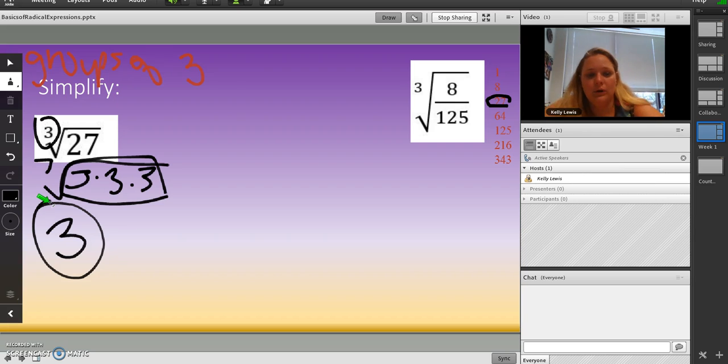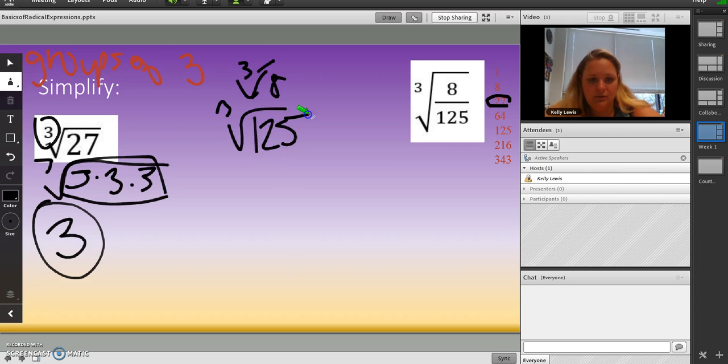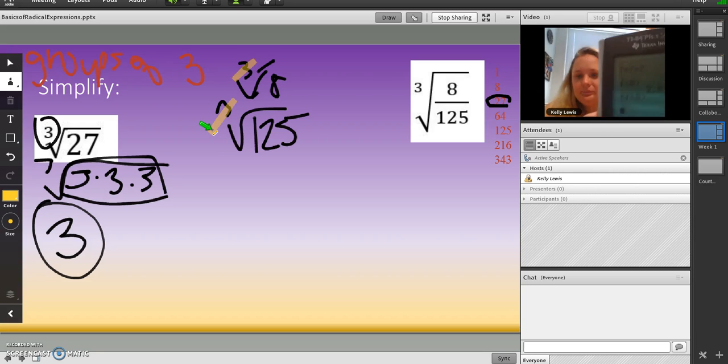All right, here we're going to do the cubed root of 8. Figure out what it is. Cubed root of 125. Figure out what it is. If you do not put the little 3 here, it really means the square root of 8 and the square root of 125, which is a different number. Let me show you. Square root of 8. Cubed root of 8. Two totally different numbers. Square root of 8 is 2.8 something.